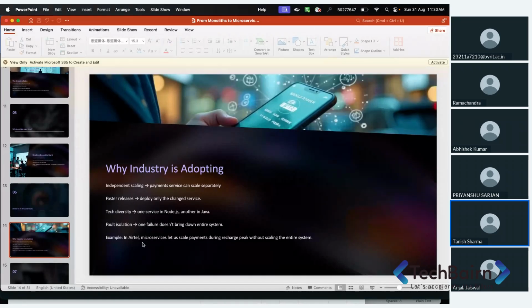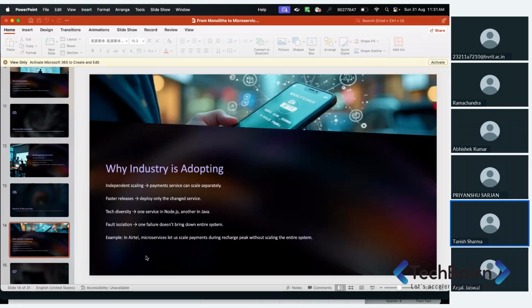So this is one of the examples as per my experience in Airtel. What happens if there are peak hours, and you want to scale up the payment capabilities of Airtel?